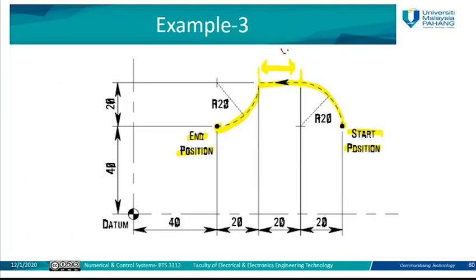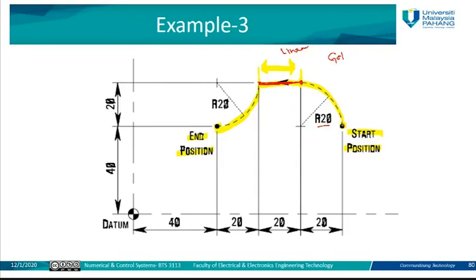This one is linear because this point and that point are at the same level. So this is a straight line, from this point to that point, so we are going to use the G01 movement. From this point to that point, this one is an arc with a radius of 20 here.